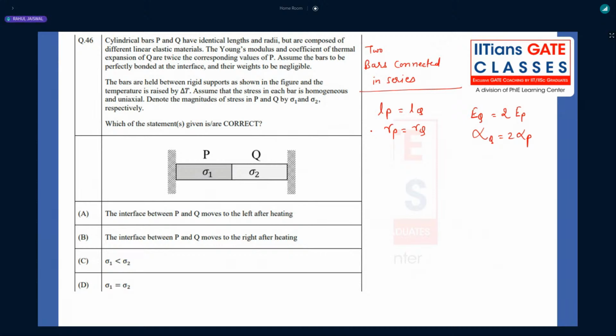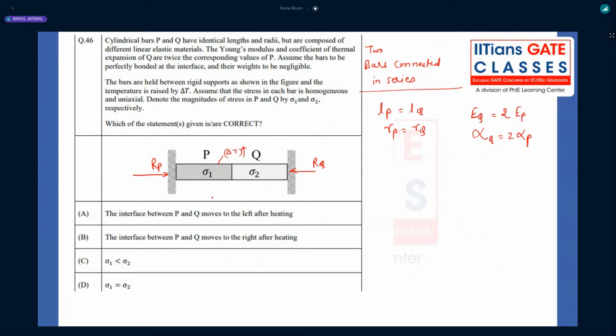Now, what they are mentioning is that temperature is raised by delta T. Assume that the stress in each bar is homogeneous and uniaxial. Denote the magnitude of the stress in P and Q by sigma 1 and sigma 2. So now, when you think of reaction forces, reactions will be offered. When you try to increase the temperature, right?